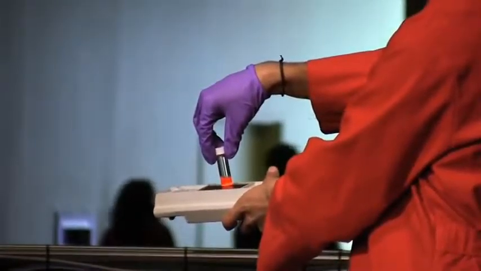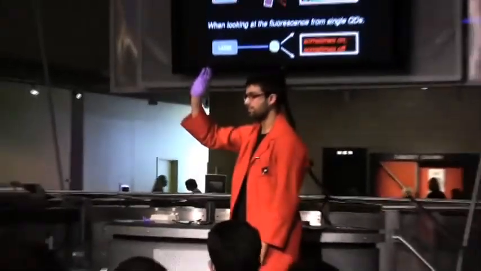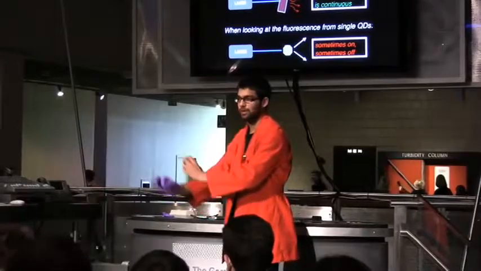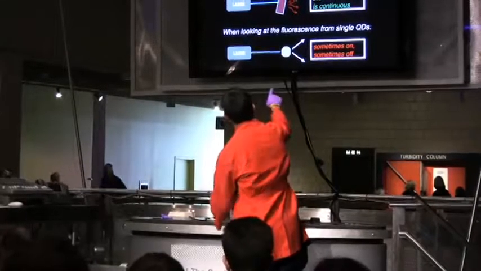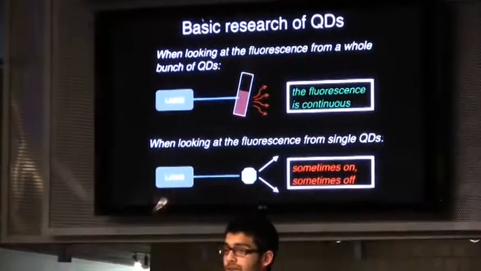They don't turn off. They're glowing no matter what I'm doing. However, if I were able to take a single nanocrystal out of there, put it under my microscope, and look at it one at a time, I would notice that the fluorescence would sometimes be on, and sometimes it wouldn't.